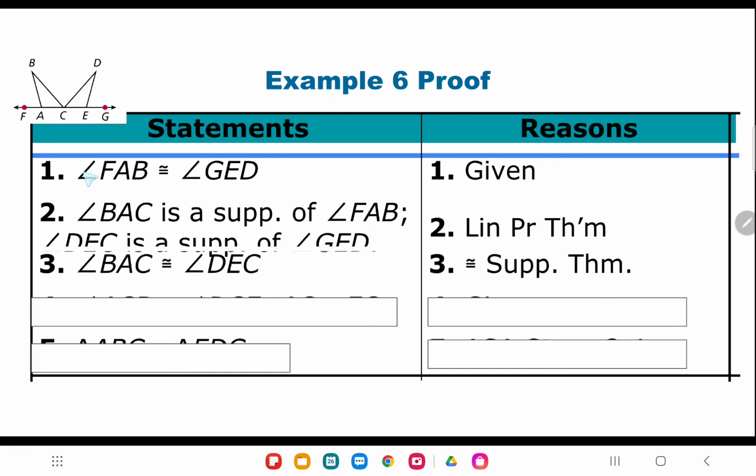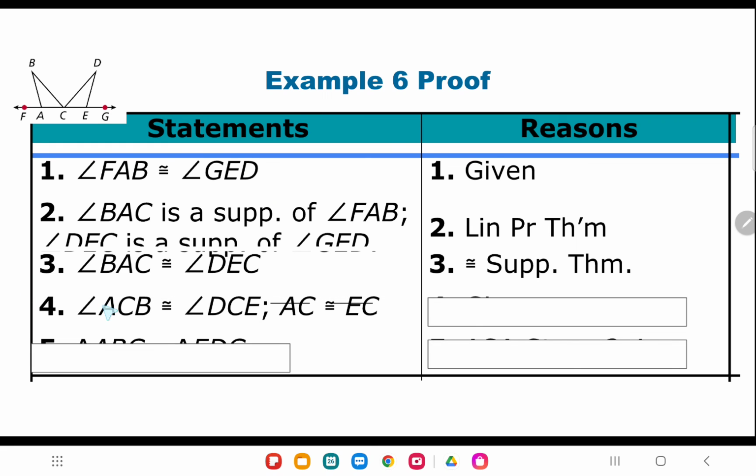Okay, so this is good. I have two angles, and as long as I have any side, whether it's included or not. So ACB is congruent to DCE and AC is congruent to EC. That was already given to me. So let's see what I have marked right now. I have BAC and DEC.